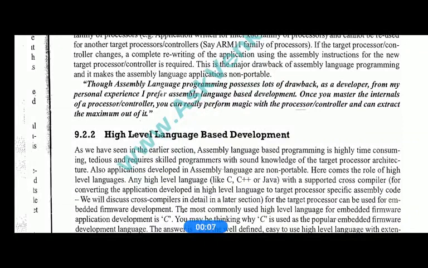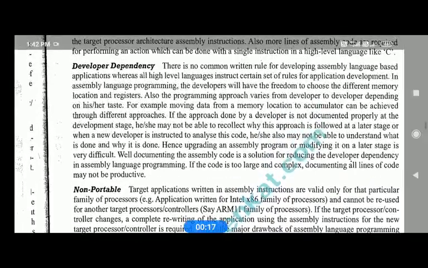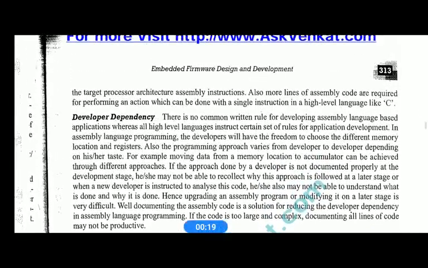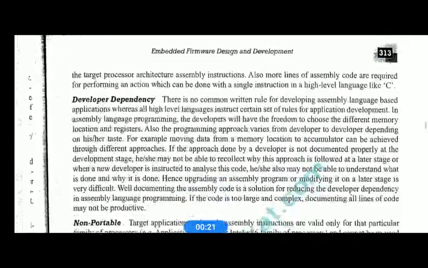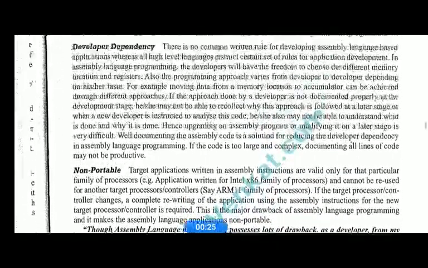In the last session, we were discussing assembly level language based development. Several factors we discussed under this topic.